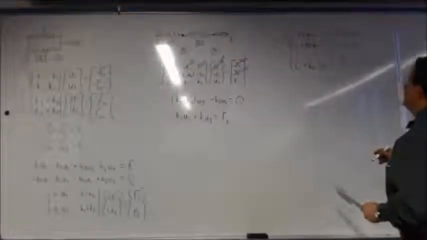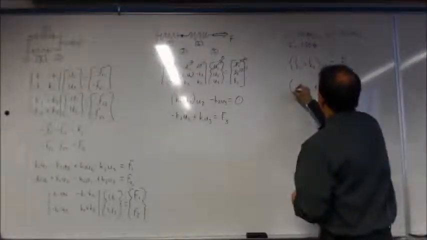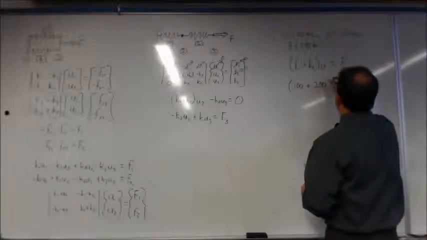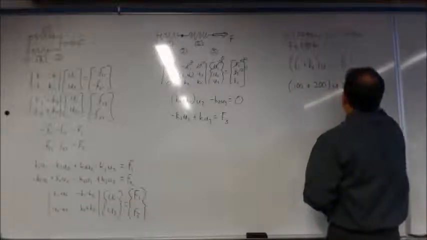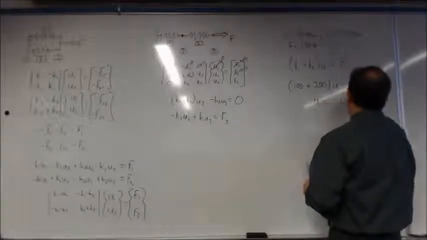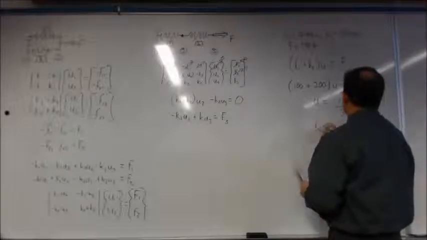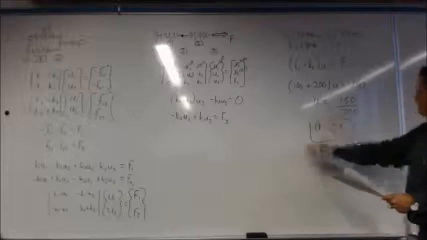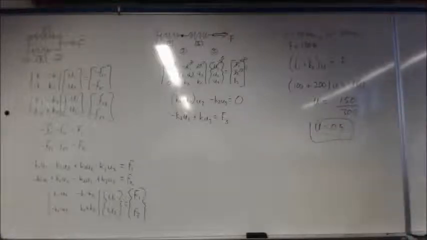What's my displacement? We're going to have 100 plus 200 is 300, and F is 150, right? So U is 150 divided by 300 equals 0.5. Okay, does that make sense?